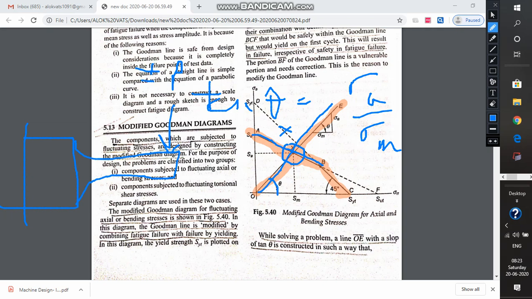In that case the bending moment acts on it, and tan theta will be defined by MBA, the bending moment due to the alternating stresses, divided by MBM, the bending moment due to the mean stresses. MBA divided by MBM will be equal to tan theta.